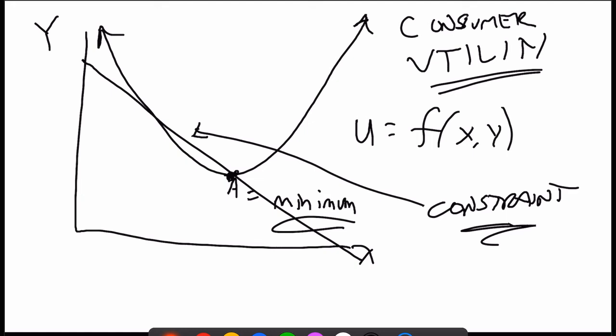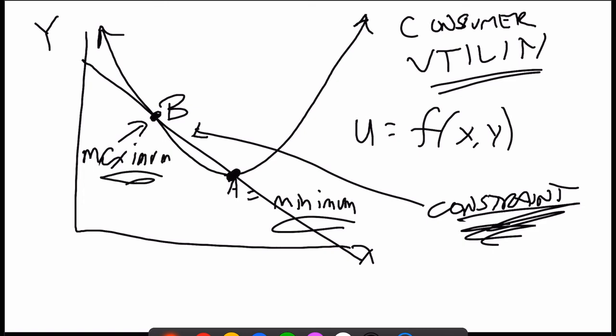Our income is going to constrain how much of X and Y we can buy. Now, if I do the math, I'm going to get point A and this point over here, let's call this point B. I should get point A and point B showing up in the math. But it's possible now that A and B are maximums. Certainly it's likely that if we do the math, B is going to turn out to be the maximum point, the highest I can get.